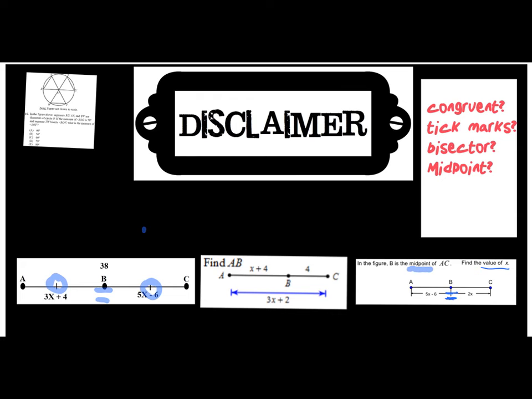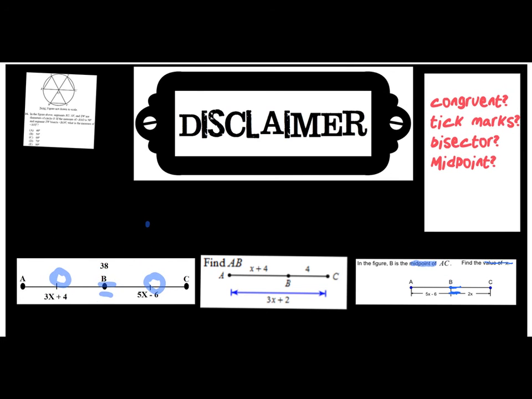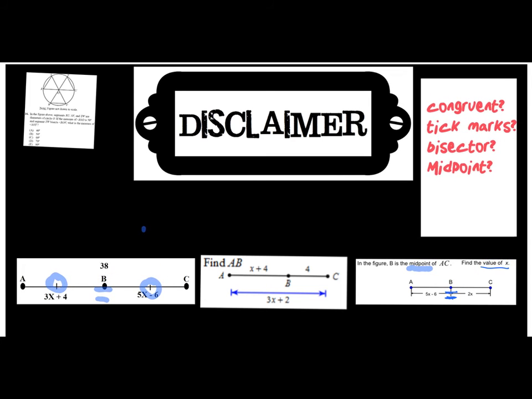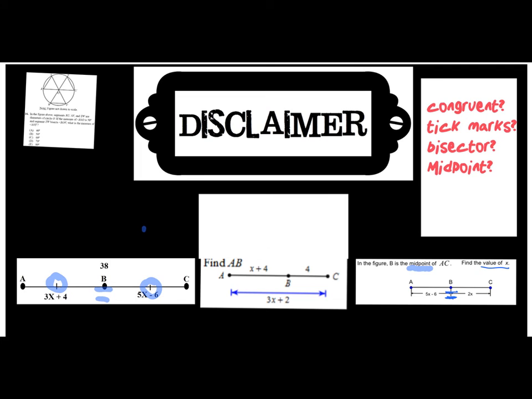That leaves us with the problem in the middle. What do I do with this problem? So, when all else fails, when you don't know what to do, use the segment addition postulate. In this problem right here, I would have to take the two pieces, this piece and this piece, and add them together.